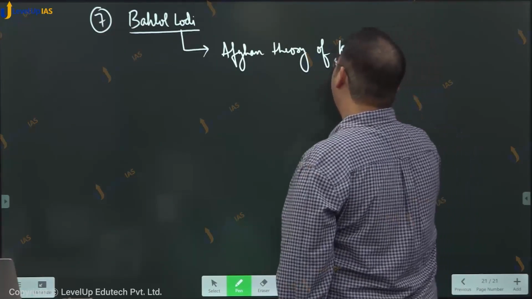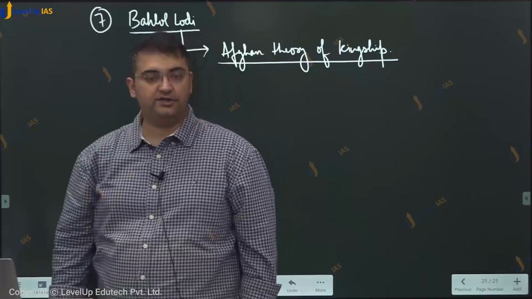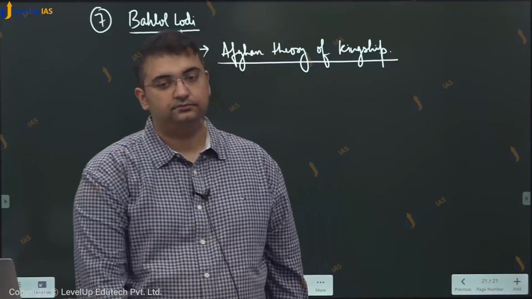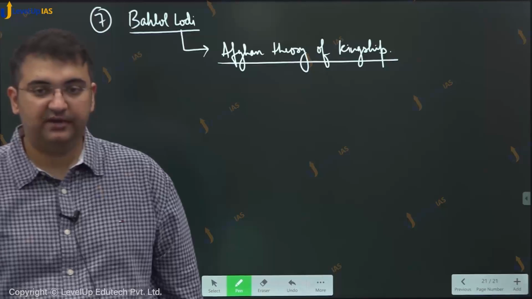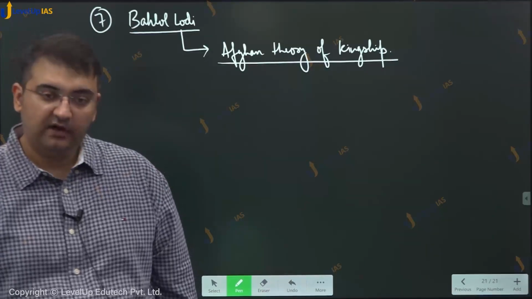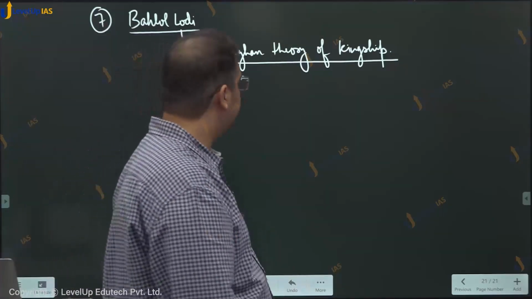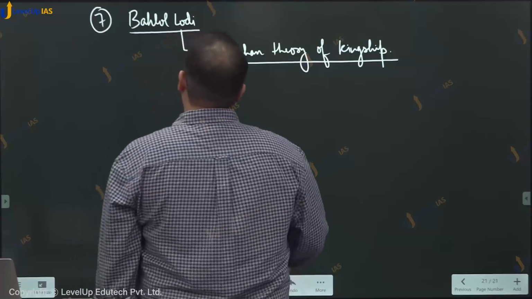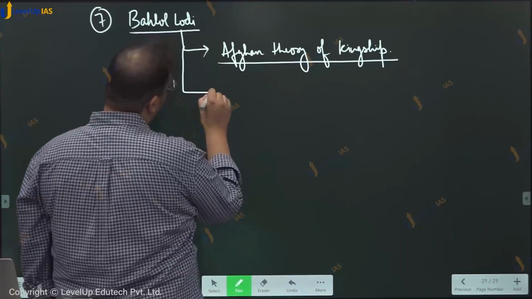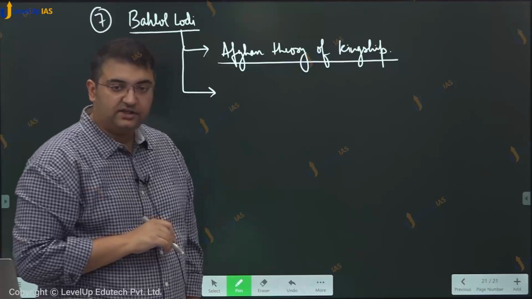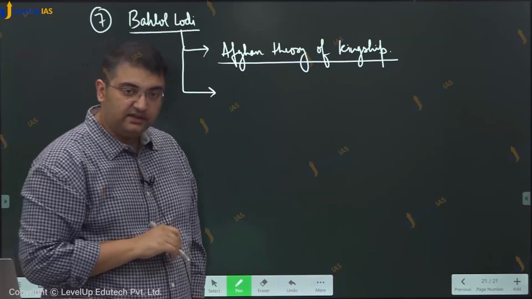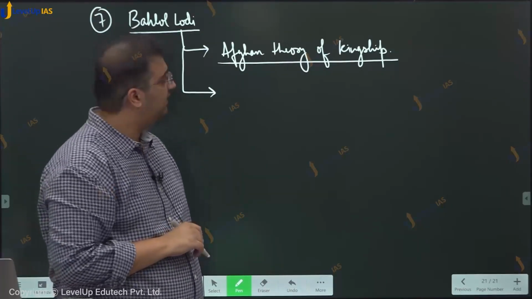What is the basic feature of the Afghan theory of kingship? That the king is not considered supreme, rather he is simply considered to be the first among equals. Therefore, this element of decentralization is also going to be visible in the Iqta system.